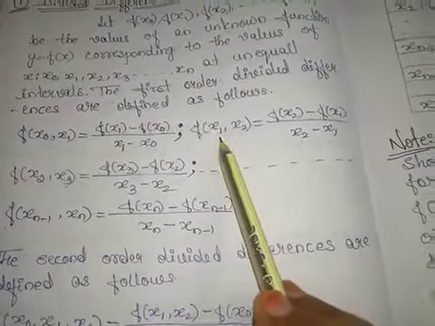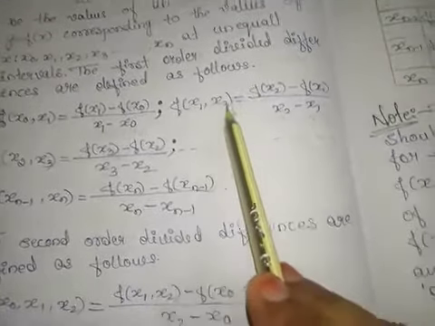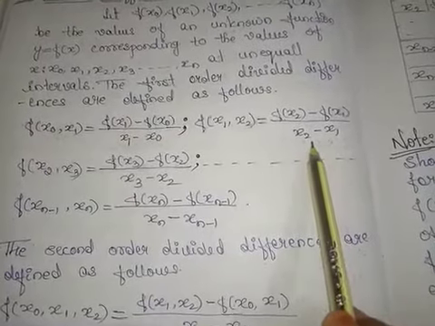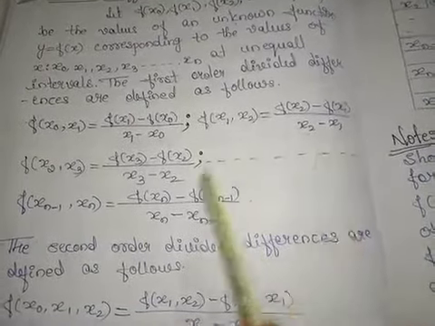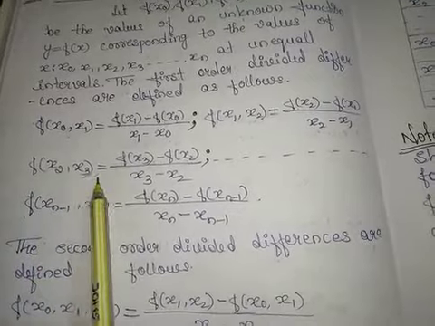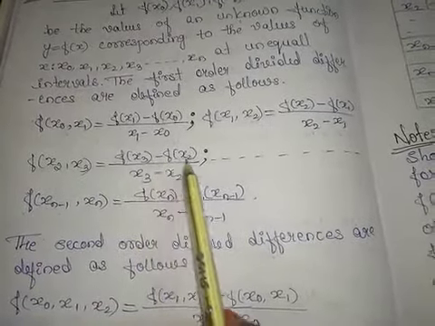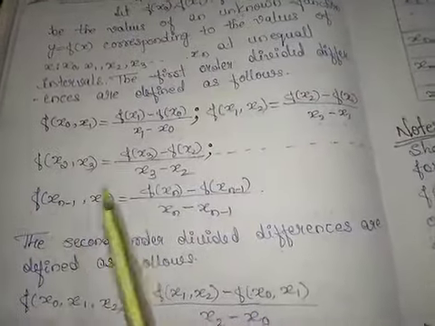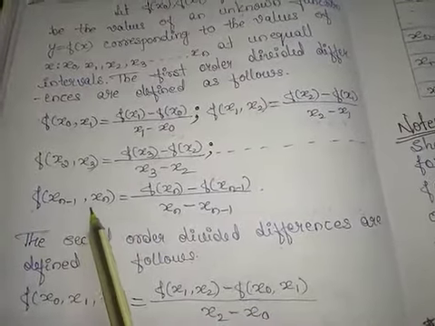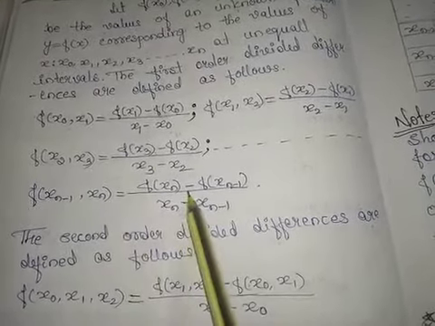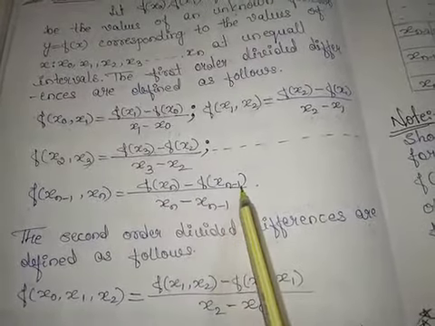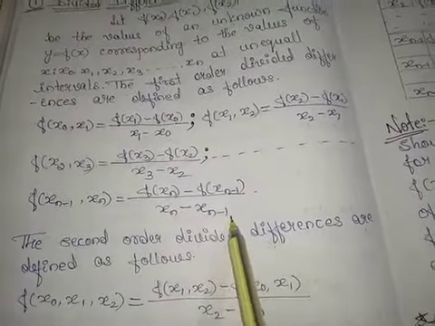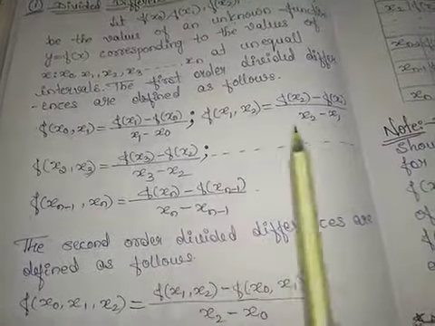Then f of x1, x2 is equal to f of x2 minus f of x1 divided by x2 minus x1. Similarly, f of x2, x3 is equal to f of x3 minus f of x2 divided by x3 minus x2, and so on to f of xn minus 1, xn is equal to f of xn minus f of xn minus 1 divided by xn minus xn minus 1.